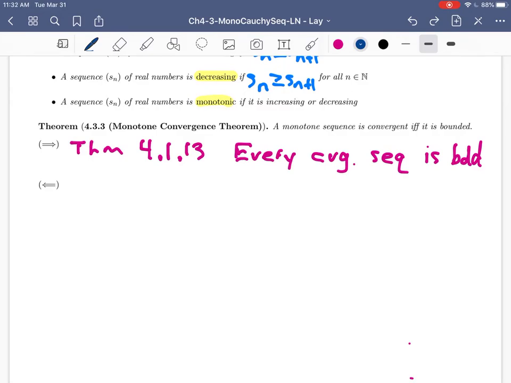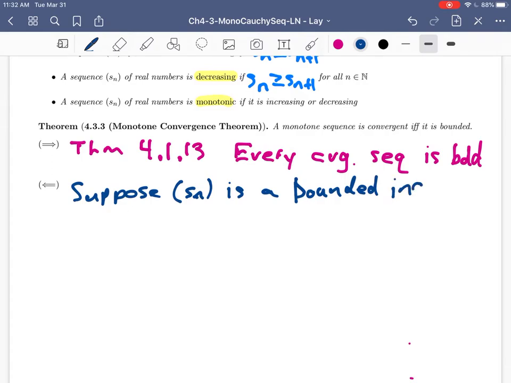Right, so the reverse direction, we want to assume that it's bounded and then show that it must be convergent. So let's suppose that our sequence is a bounded increasing sequence.